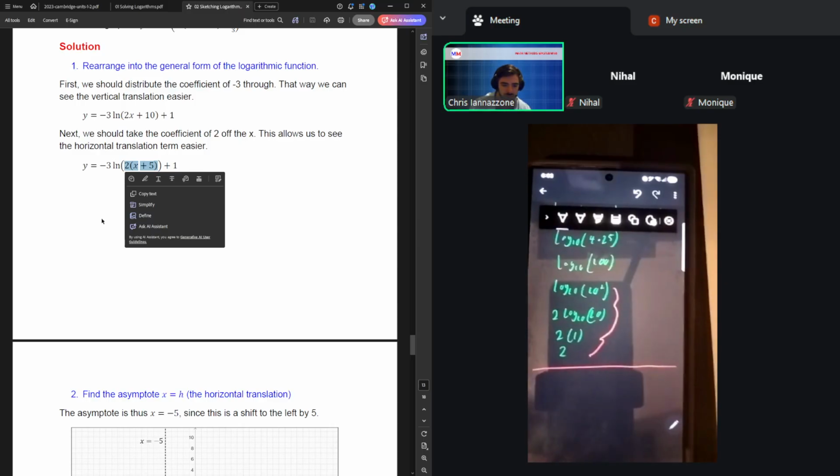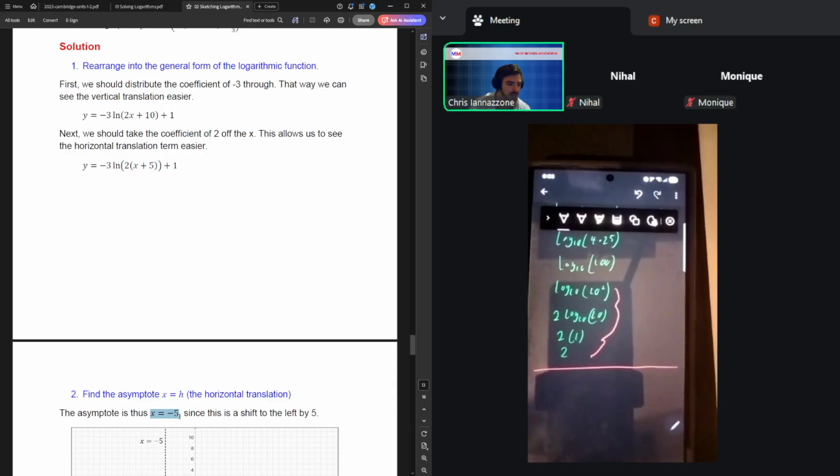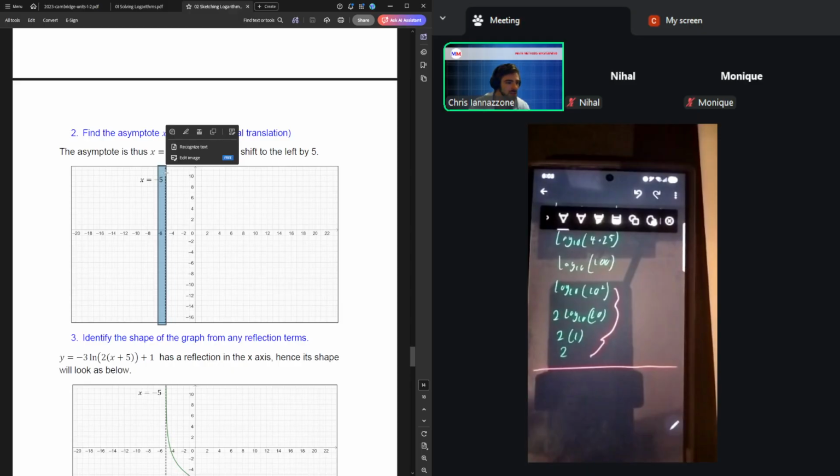What x would achieve that? In this case, x equals -5 would achieve that, right? -5 plus 5 gives you 0, 2 times 0 also gives you 0. So we explore this in the maximal domain section as well, where the logarithm is only defined for positive numbers. So you just try to figure out, okay, where is it 0? And then just make sure it's everything but that. But okay, that's just another way of getting there, just in case you forget. It's the horizontal translation that does that.